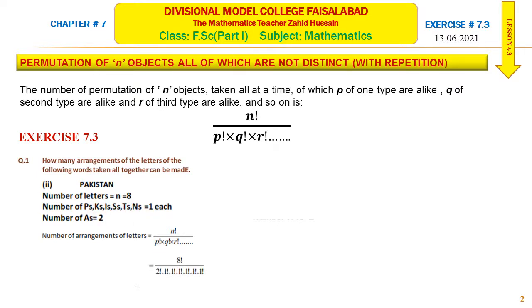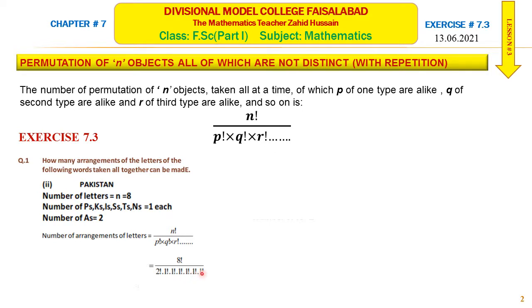So putting the values in this formula, total number 8, so 8 factorial. A is occurring 2 times, it is 2 factorial, and all others are occurring 1 time. So 1 factorial for P, 1 factorial for K, 1 factorial for I, 1 factorial for S, 1 factorial for T, and 1 factorial for N.